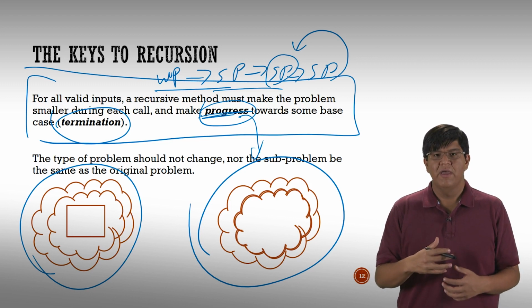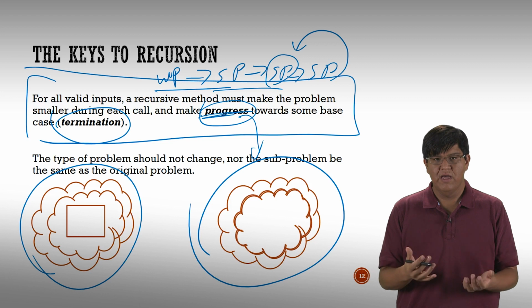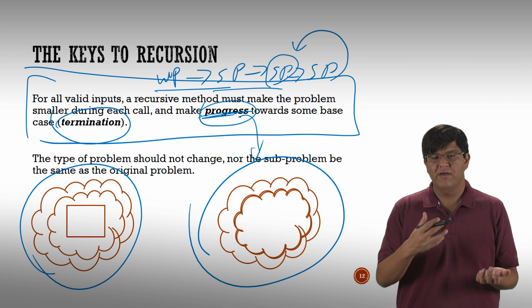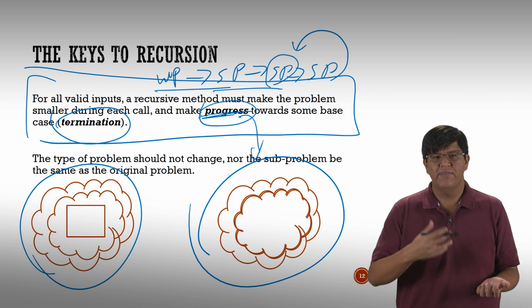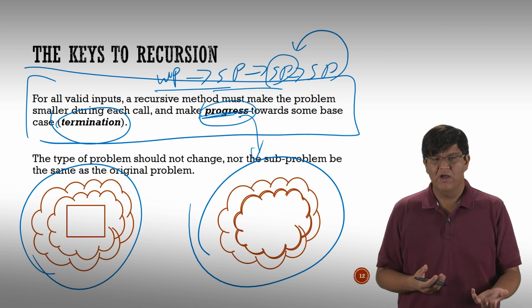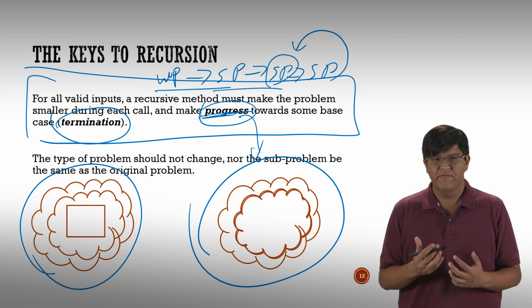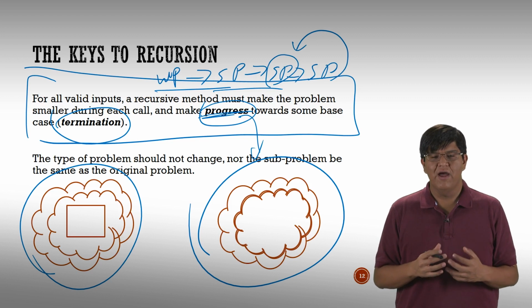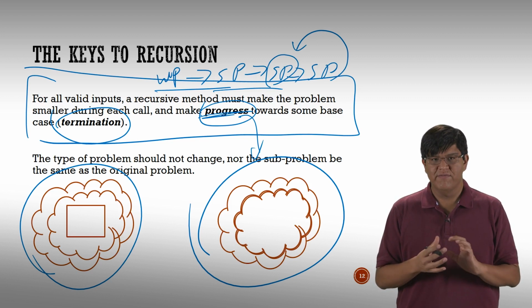Imagine I have some function to draw clouds. I call it on the outside, then it runs, calls itself again, calls itself again. Methods calling methods. But if I get to this box, something completely different, I can't call that method anymore. It's like making a recursive call and passing it strange parameters. If you do that, it's just going to break. You're not going to be able to solve that problem anymore because all of a sudden you changed how it looks.